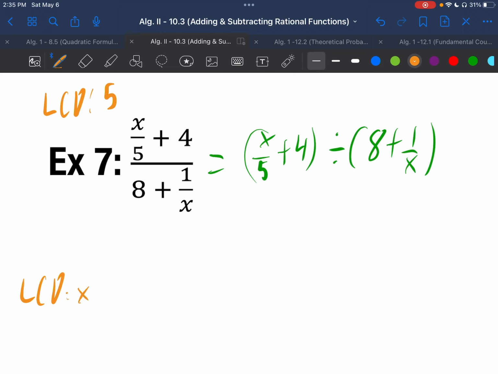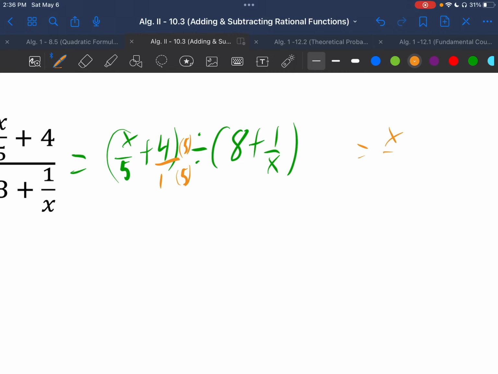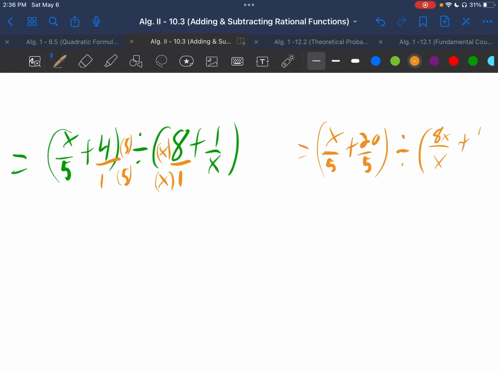So for the first parenthesis, I'm going to multiply the right fraction, which would be 4 over 1, by 5 on the top and the bottom. And that would result in x over 5 plus 20 over 5. The second parenthesis, I'm going to multiply the 8, which is 8 over 1, by x, and get 8x over x plus 1 over x.